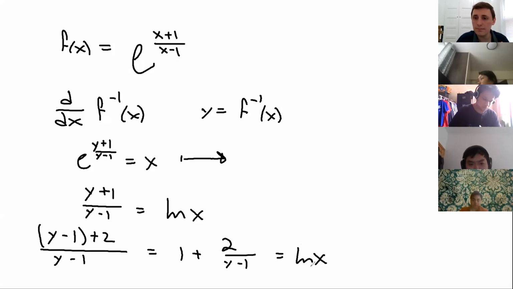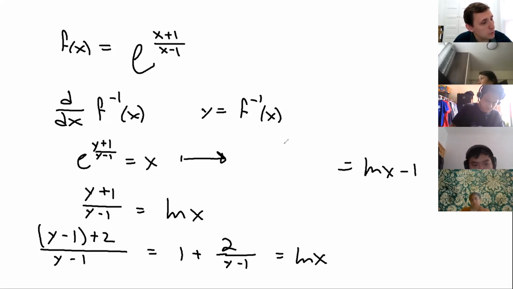Yes? Which means what? Which means that my function is, just move things around and flip, so ln of x minus 1 is equal to 2 over y minus 1.